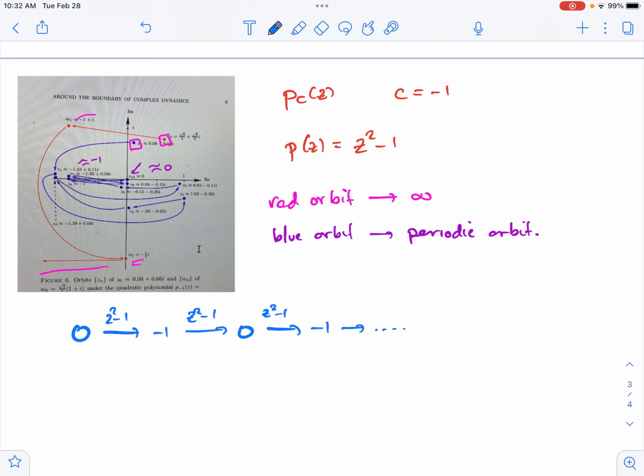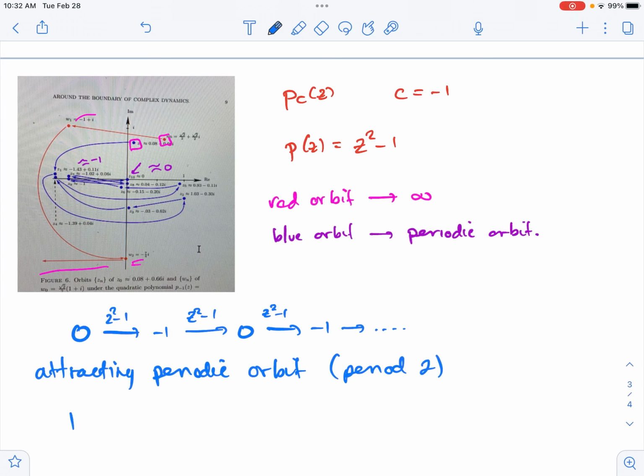And so we could at least make the assertion that if I start reasonably close to either one of those points, then I could be pulled into that orbit. So this is what's called an attracting periodic orbit, and here the period would be 2.